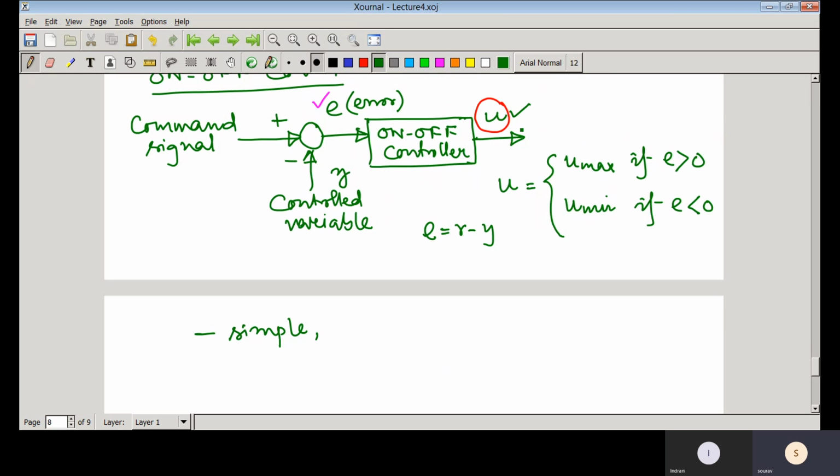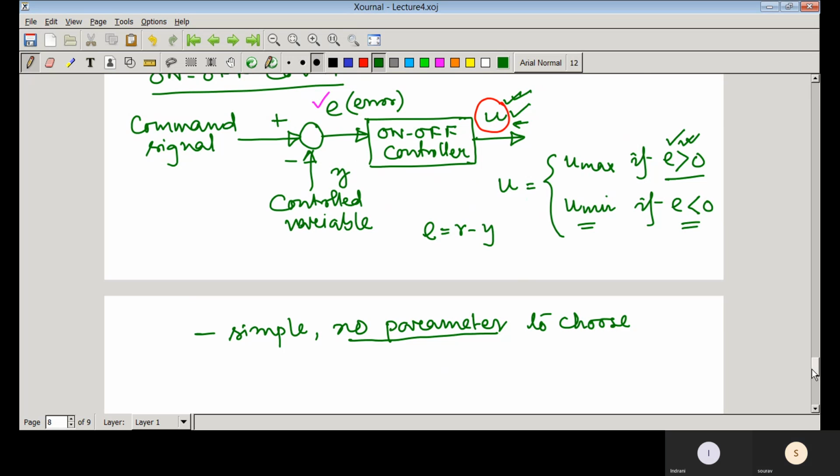The control output U depends only on the error signal E. So there is no parameter to choose. When the error is positive, U equals U max, and when the error is negative, U equals U min.